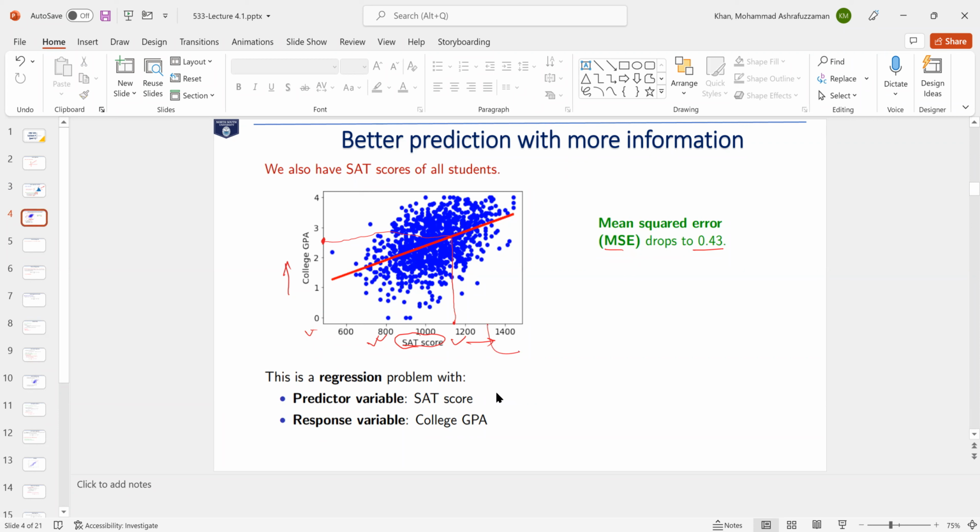These feature values are called the independent variable, and this is called the dependent variable. We want to find a function of the independent variables, and the output should be a value for the dependent variable.